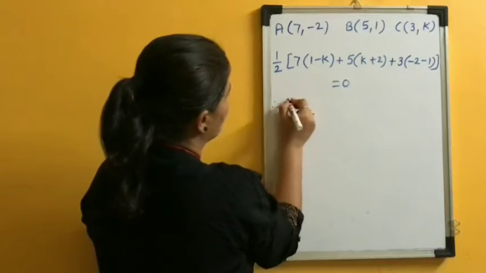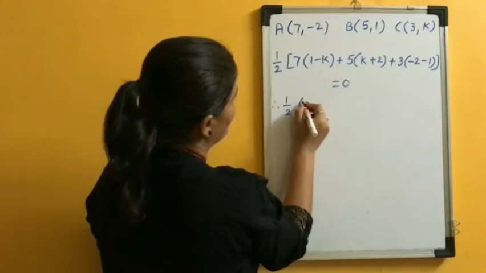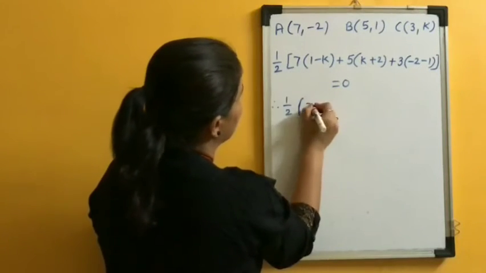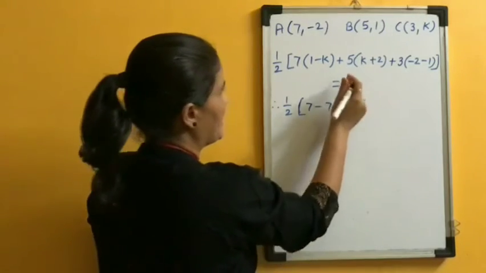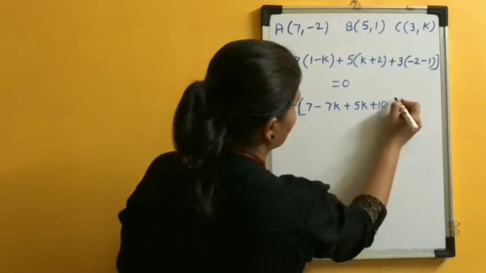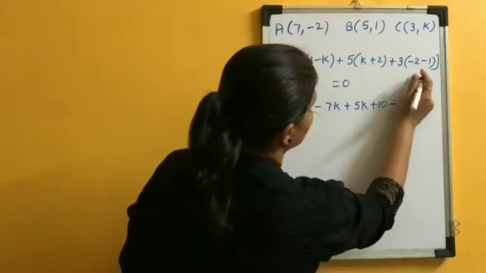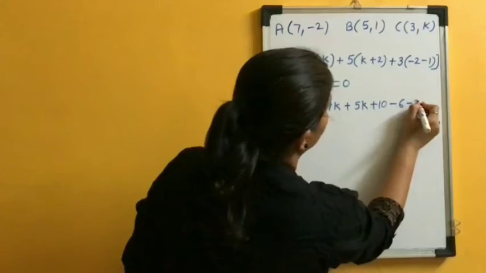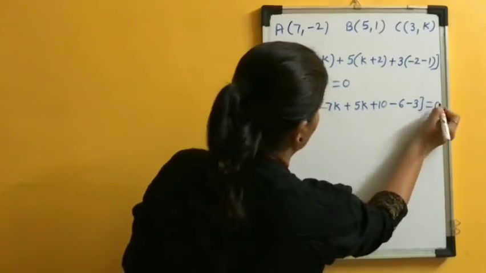That means let us solve this. 1 by 2 into bracket 7 minus 7k plus 5k plus 10 minus 6 minus 3 is equal to 0.